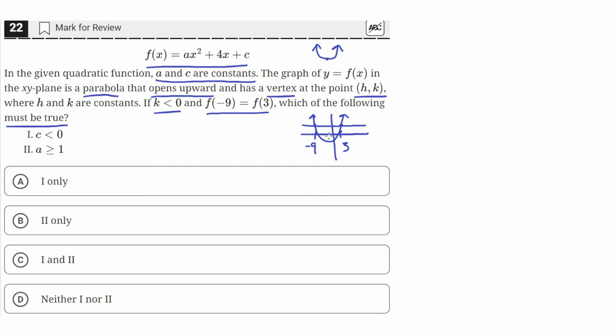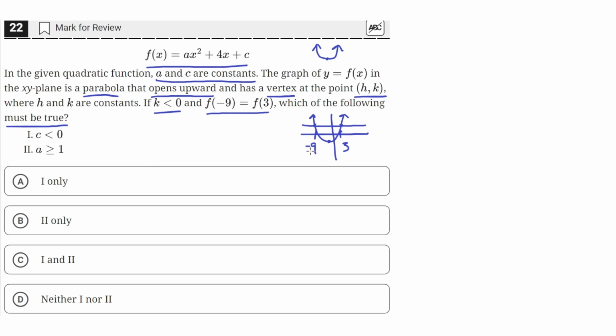And a parabola has a property that for equal y values at 2 points on a parabola, they are equidistant from the vertex of the parabola. That means an x value of negative 9 on the parabola is equidistant from the vertex. So the horizontal distance from the vertex to negative 9 is the same as the distance from the vertex to 3.